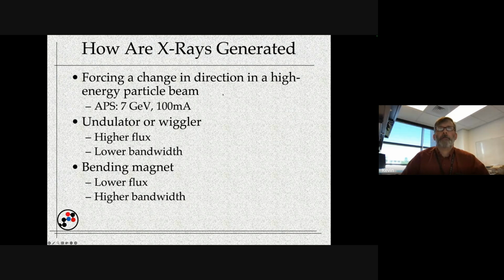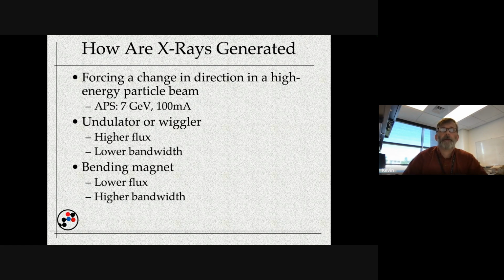The X-rays are generated when you can force a change in direction of some high energy particle beam. At the APS, this is electrons, and in fact most synchrotrons use an electron beam in the storage ring. Some synchrotrons have used positrons, but I think most now use electrons.